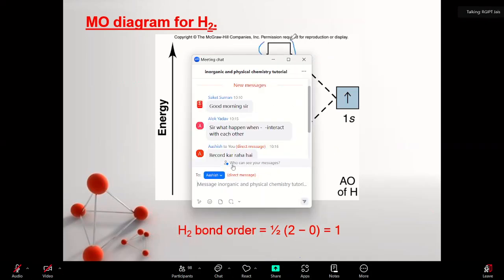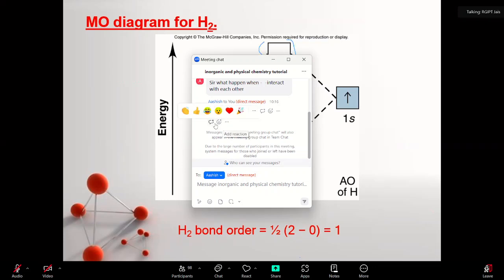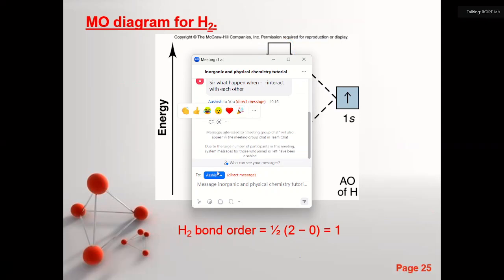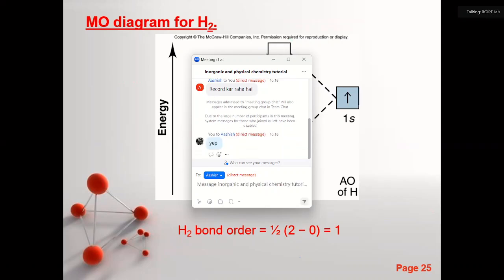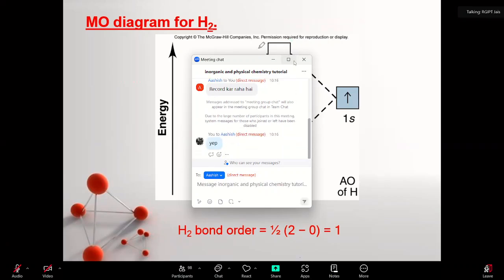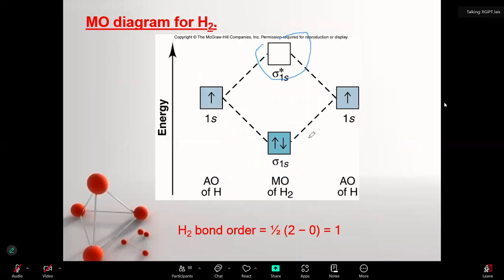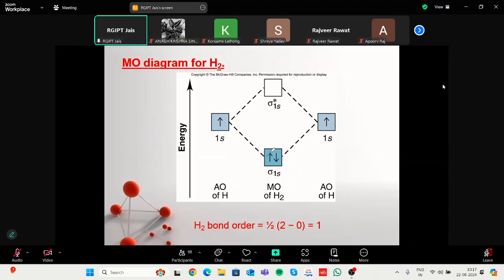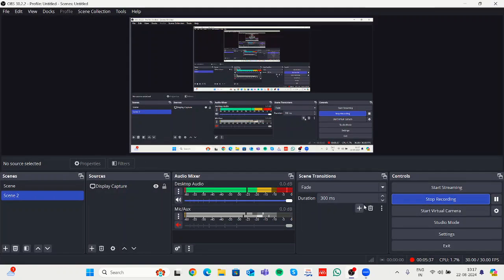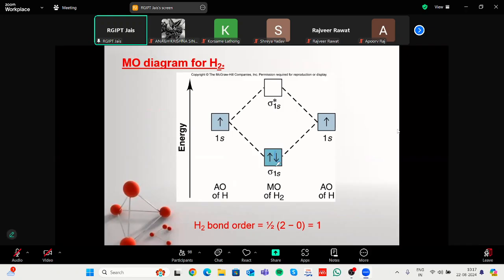unfilled, meaning total two electrons, and electrons are filled according to energy level. The bonding orbital has less energy and the anti-bonding has higher energy. That's why electrons fill in this orbital first, and after that in the other direction.